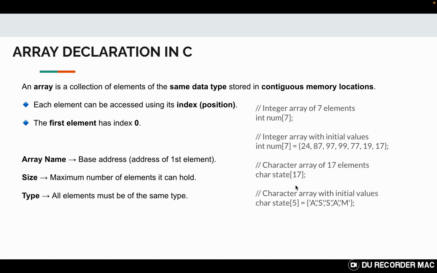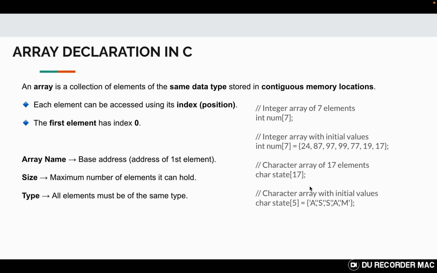Okay, now when you declare this as state of 5, and you have ASSAM, Assam, right? In that case, the memory that you have declared starts allocating there.